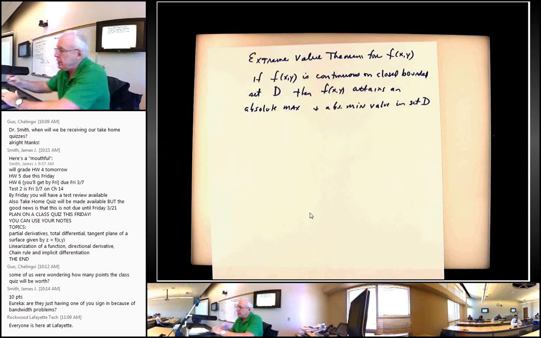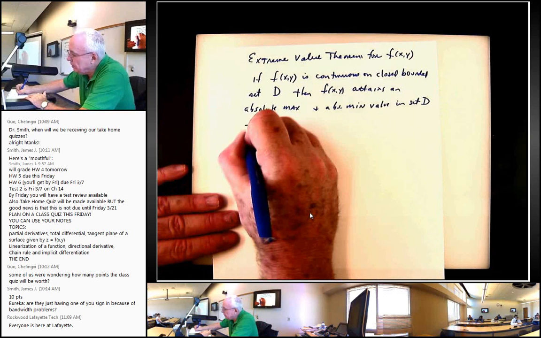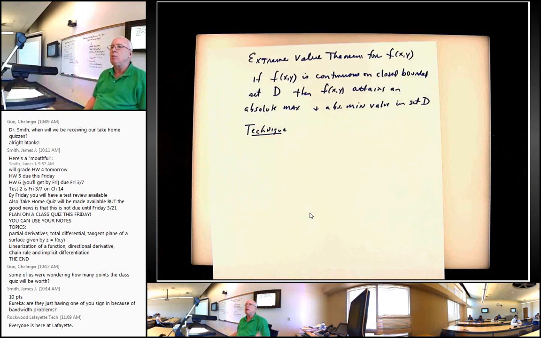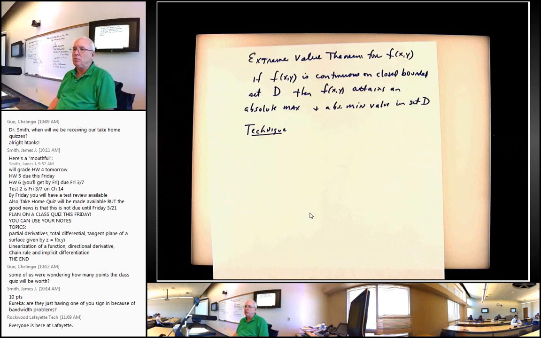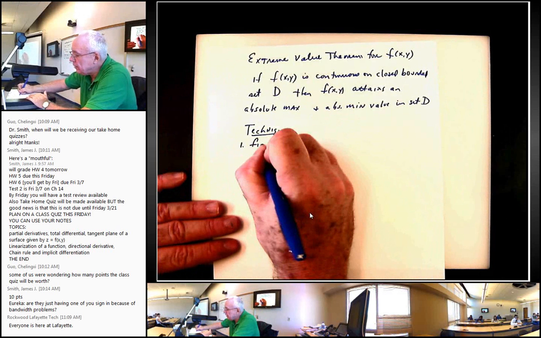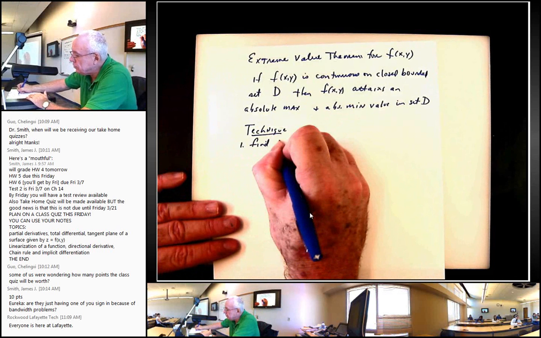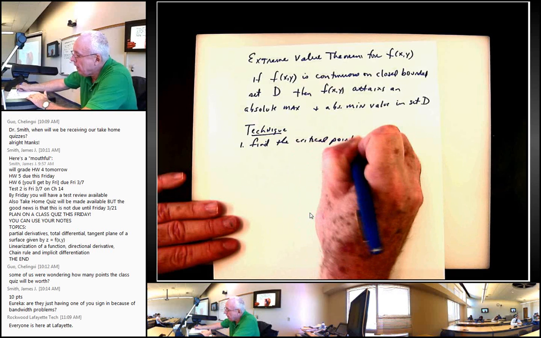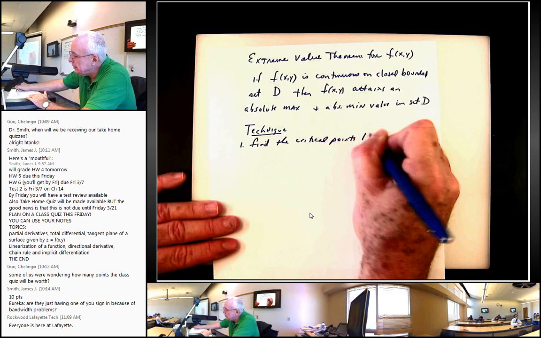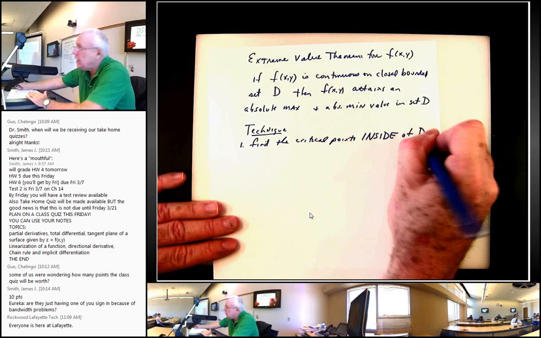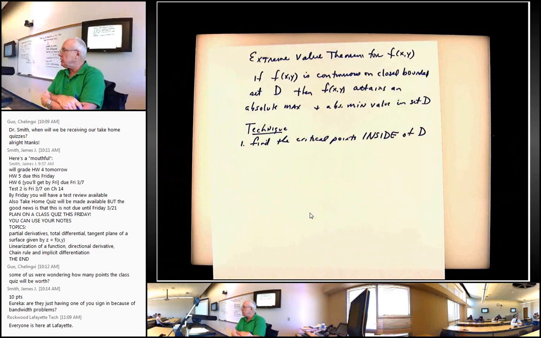Now the technique, how do we do this? Because you would be asked, tell me, what is the biggest value of the function? What's the smallest value? This is what you have to do. You first of all have to find the critical points on the inside of whatever your capital D is that you're given.